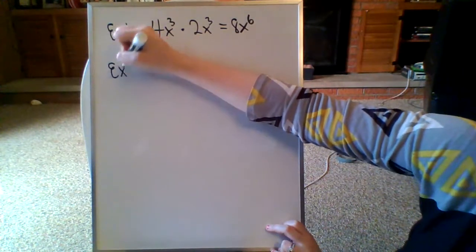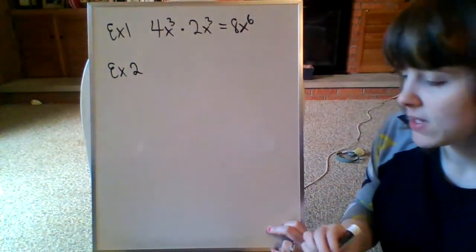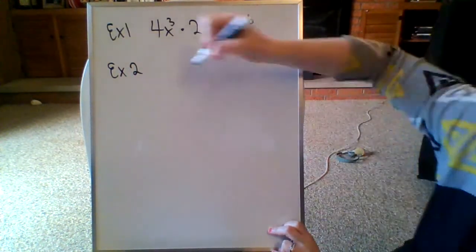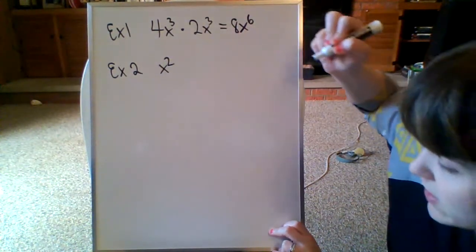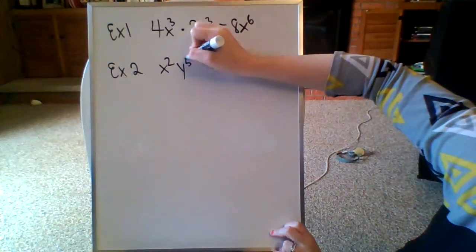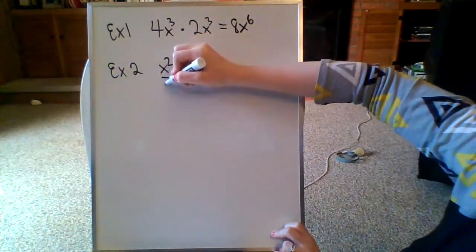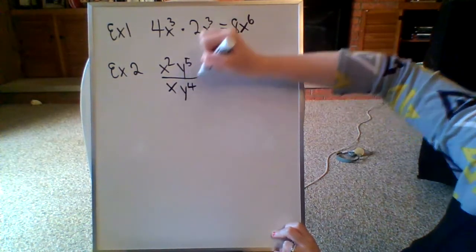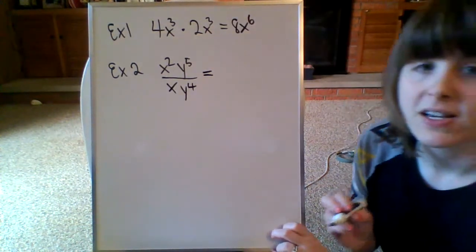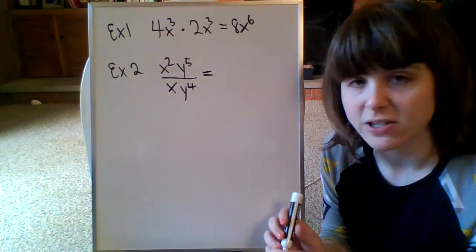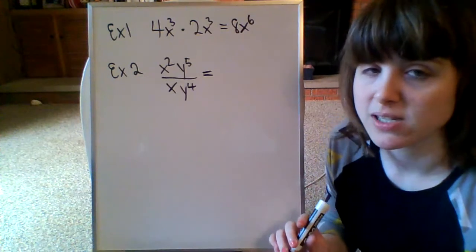Alright, so let's try example 2. Now, example 2, we have x squared y to the 5th over x y to the 4th. Okay, so this is a dividing problem, so we're going to subtract our exponents.